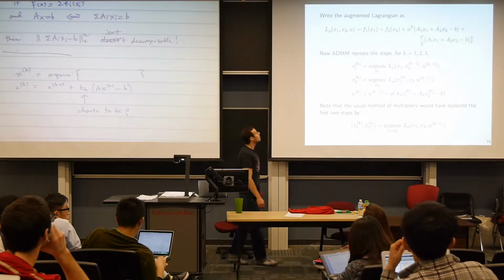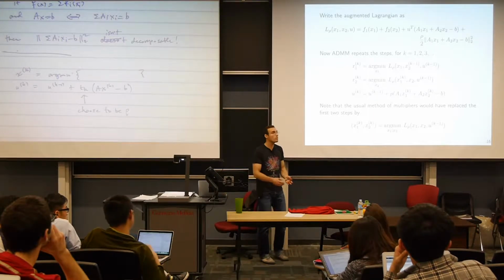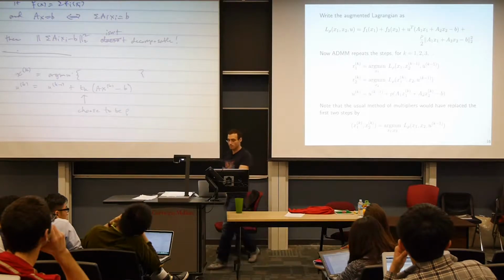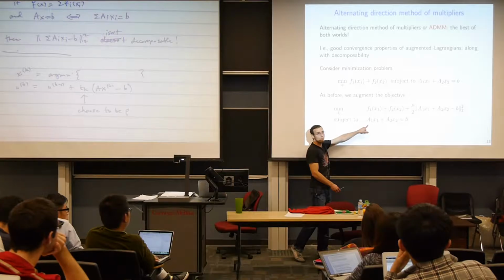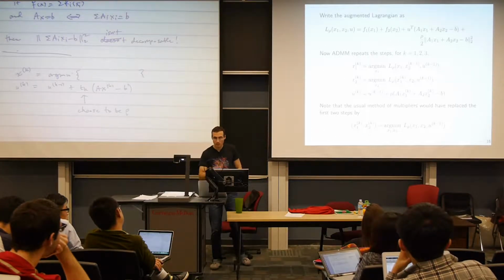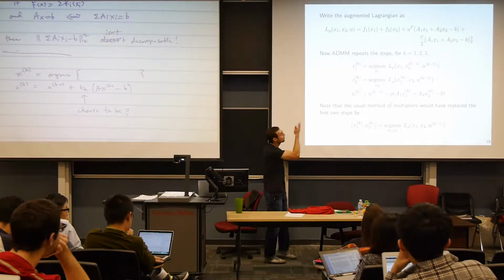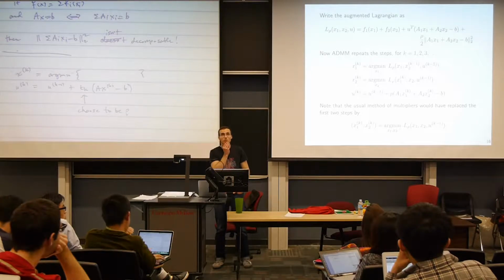And now we write the augmented Lagrangian. We form the Lagrangian just for this problem: start with this problem, introduce a dual variable for this constraint, and form the Lagrangian. It's a function of x1, x2, and our dual variable u. It's just exactly as you've practiced a bunch of times when deriving duals.